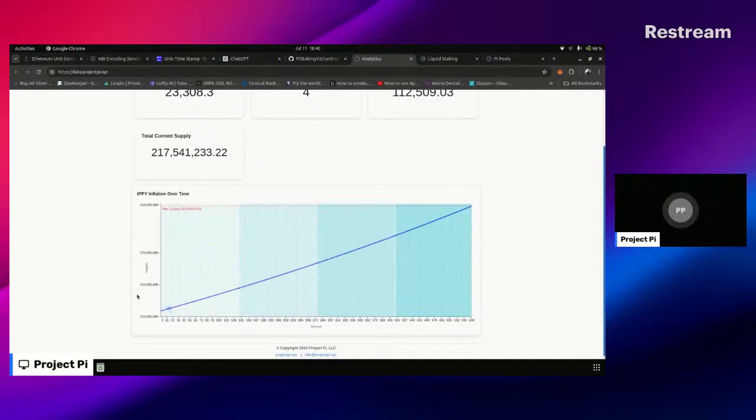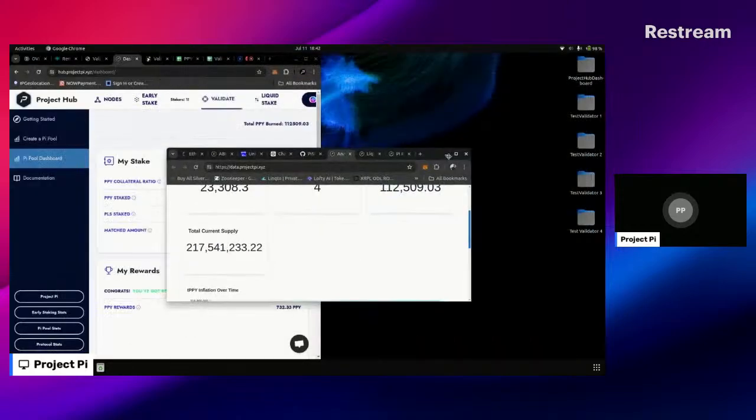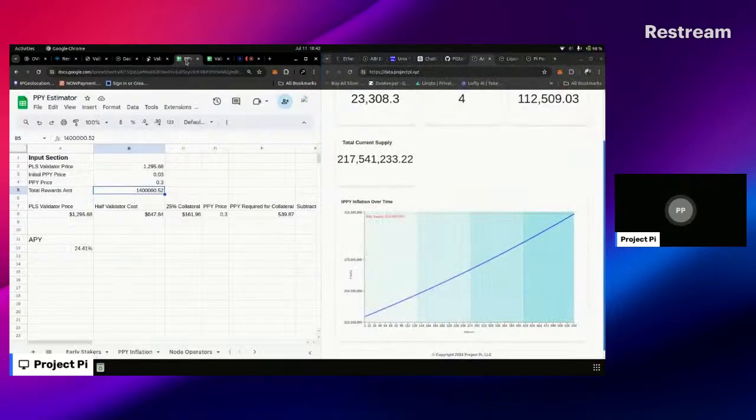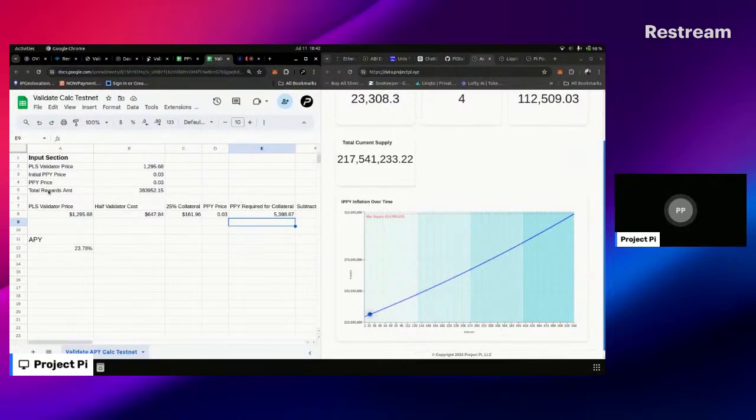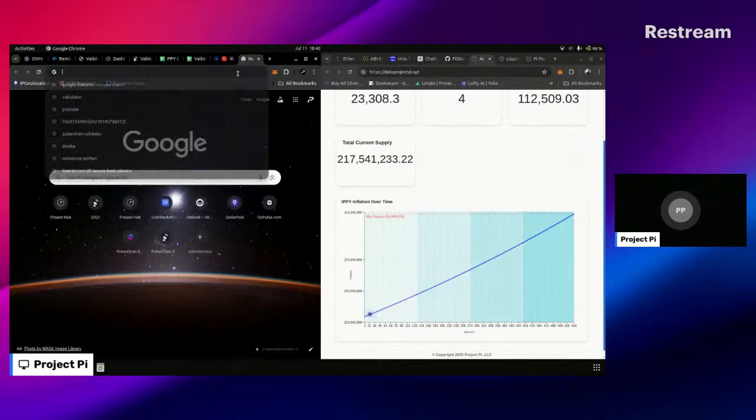So out of the entire amount of PPY, let's say I go back to the testnet one for now. Every 8 days, this amount, not this amount. This is the amount, but it's basically a fraction of it. So it's actually going to be much higher.